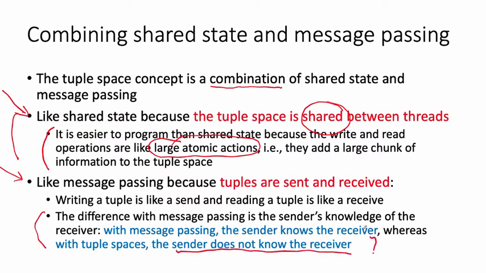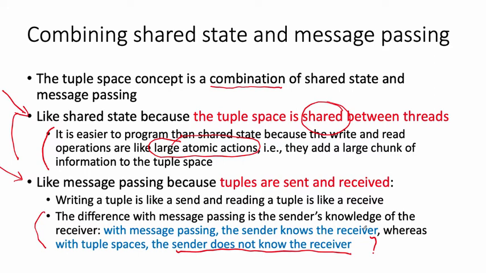So why is that interesting? Well, here's an example. Let's say you have a set of printers and you want to send print tasks to the printer. I want to print something, but I do not care which printer is printing. That means I can send the print task to the printer pool, and one of the printers will take the task and print.